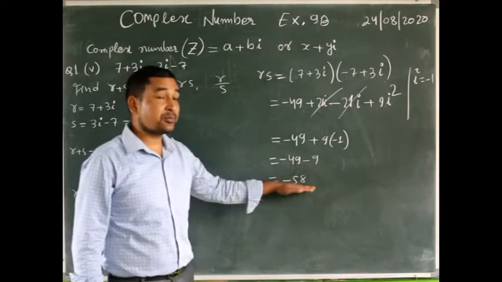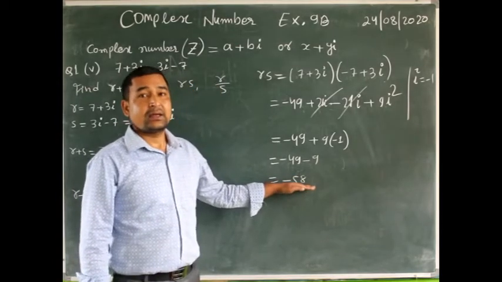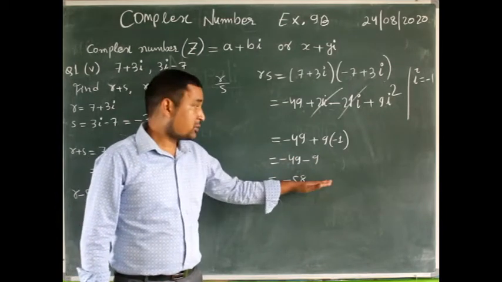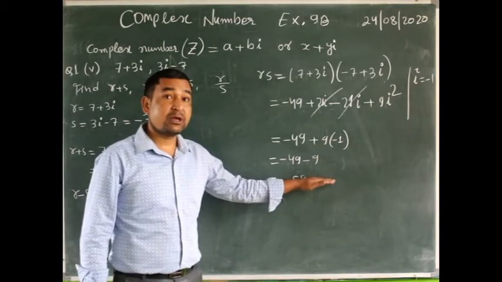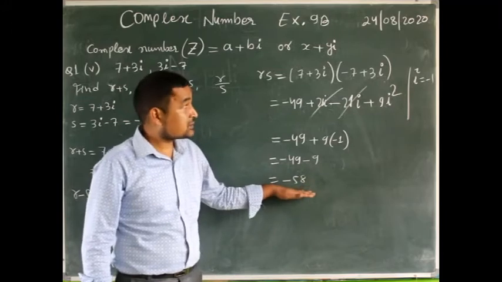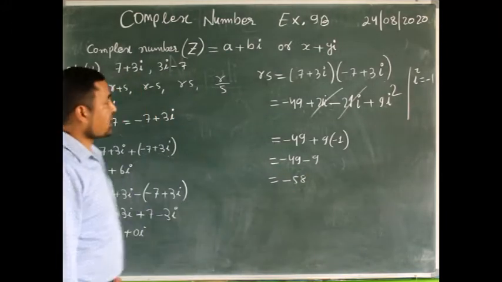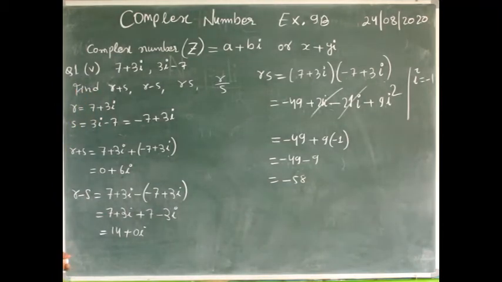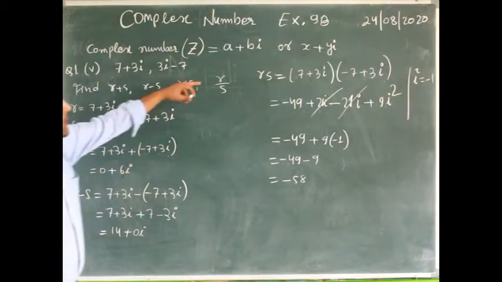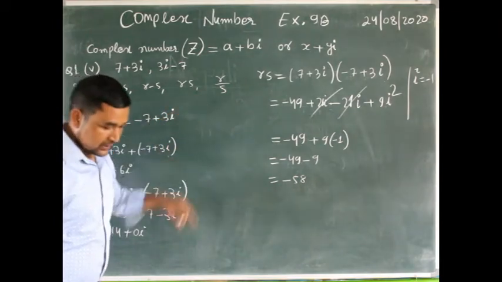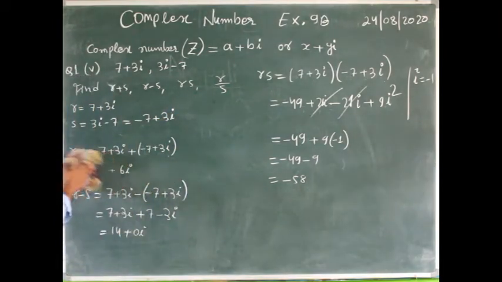This expression again is purely real; there is no i part. If there is no i part, the expression is called a purely real expression. Now r divided by s is next. Let me write it on the board first.